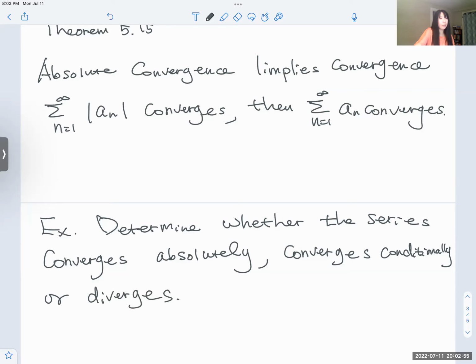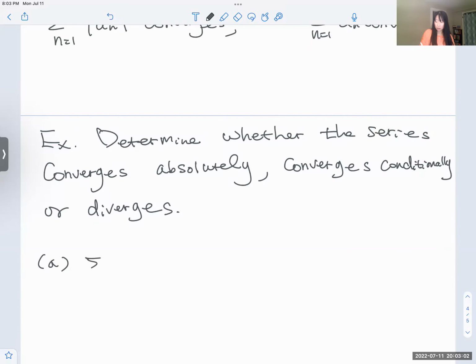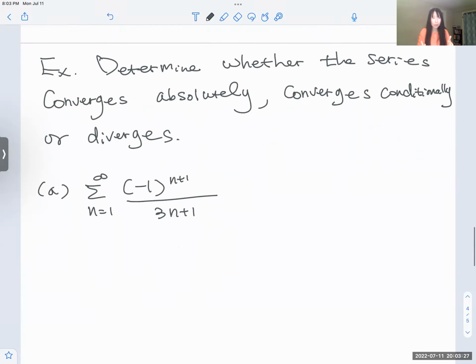The first one: the sum from n equals 1 to positive infinity of (-1) to the n plus 1 over 3n plus 1. To know whether it converges absolutely or conditionally, we take the absolute value of the series.